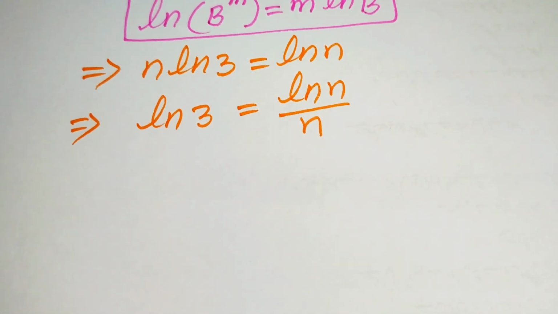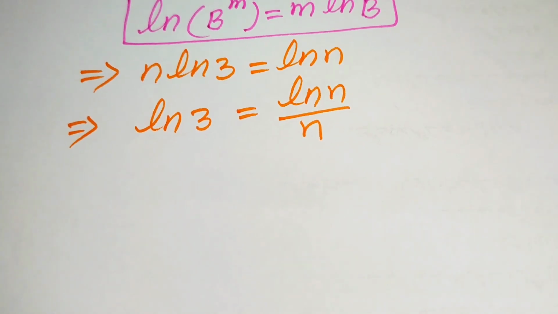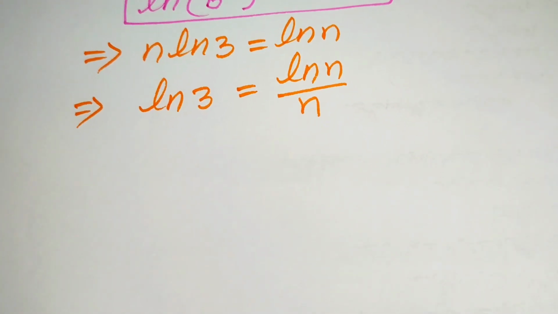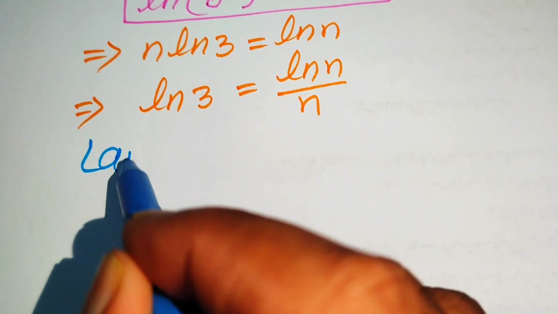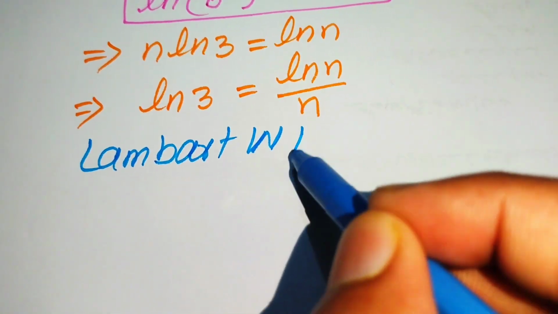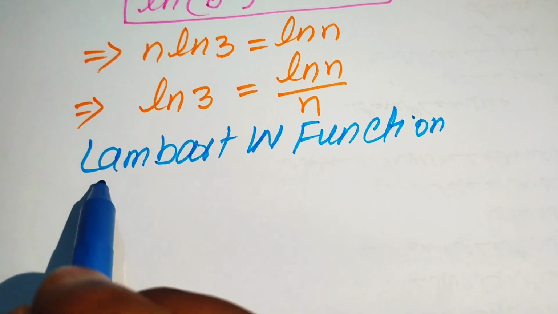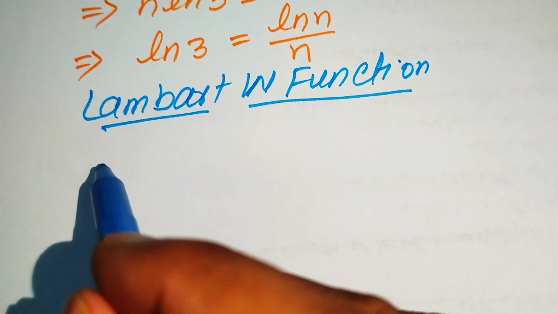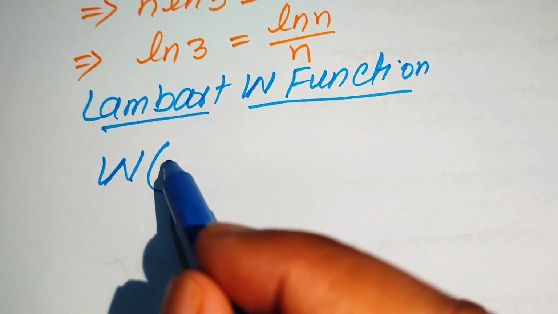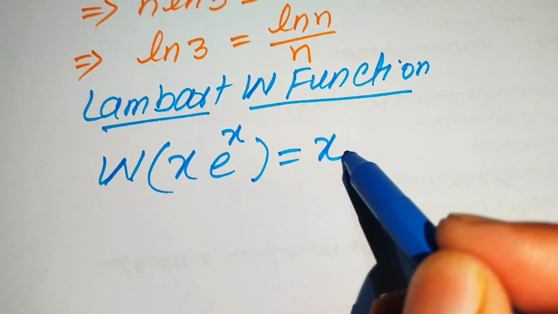After that we have an interesting point, which is that we just introduce the Lambert W function. You know about this Lambert W function. It is stated as W of x times e to the power of x equals x.